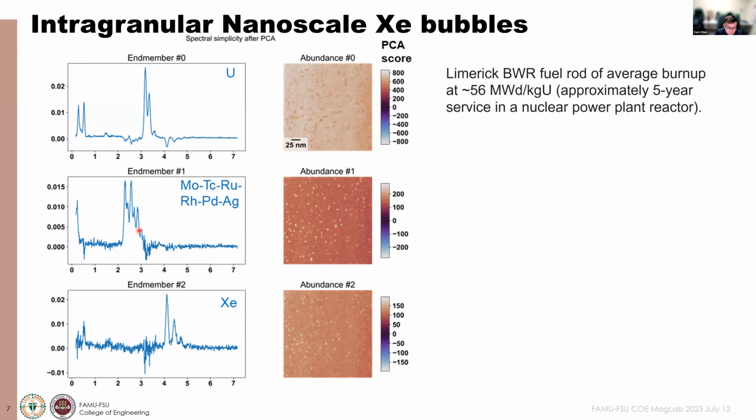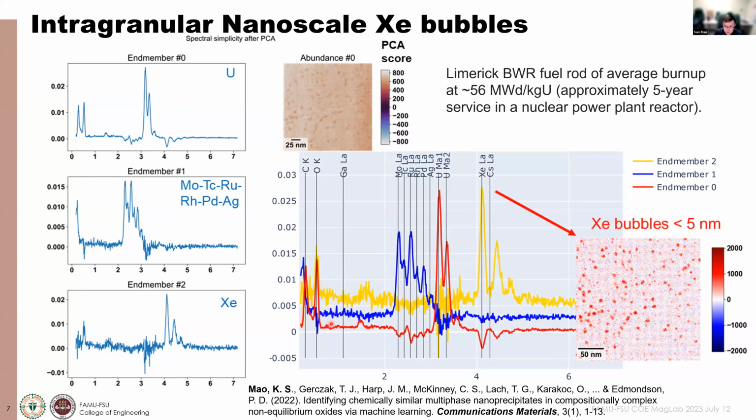Abundance 1 is predominantly these six types of elements, and abundance 2 is more pronounced with the xenon signal. In that way, we can relabel all these maps, showing the nanometer-scale xenon bubbles in this image, and then you can reintegrate the map, precisely showing the locations, and also do the density and size distribution of these xenon bubbles.